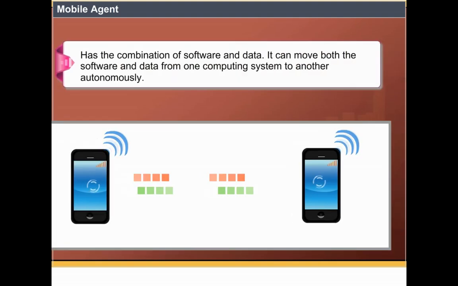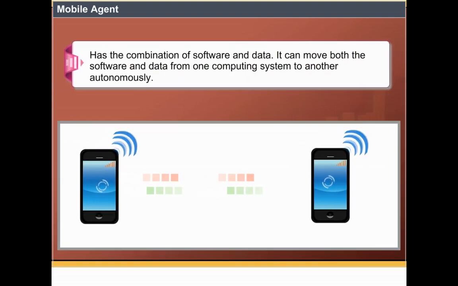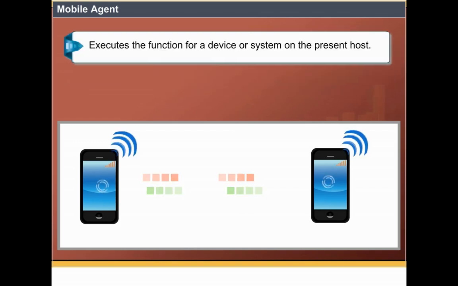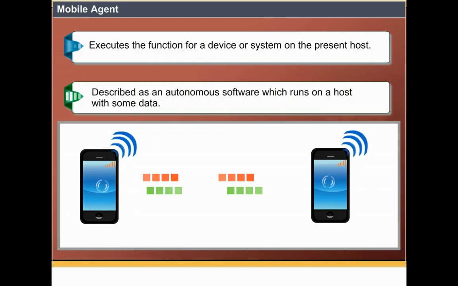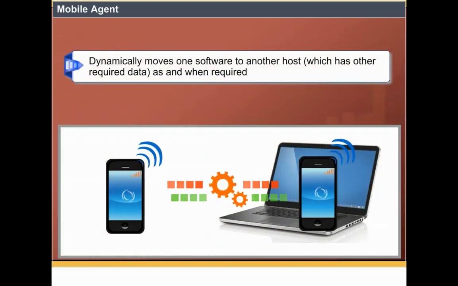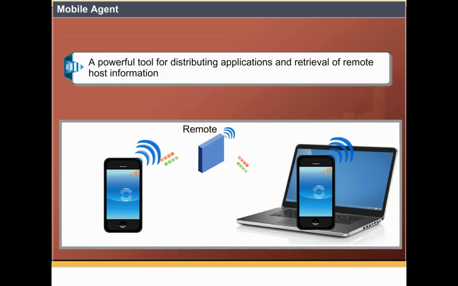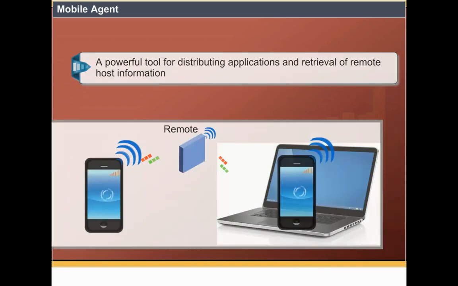Mobile agent consists of software with data which can move from one computing system to another autonomously. Functions for a device or system on the present host. Described as an autonomous software which runs on a host with some data. Dynamically moving software to another host which has other required data as and when required. A powerful tool for distributed applications and retrieval of remote host information.